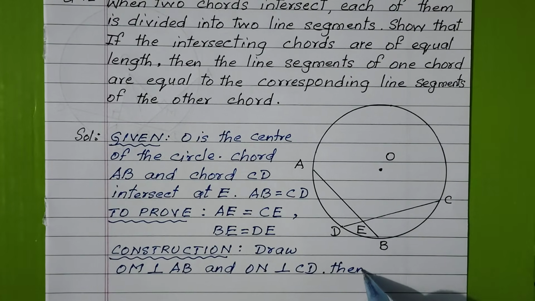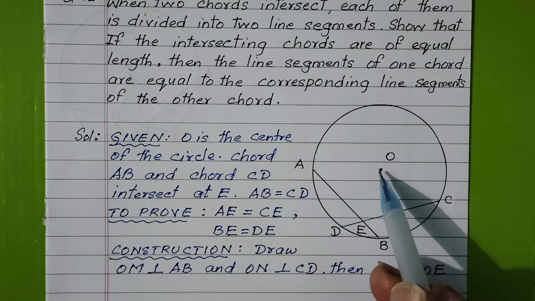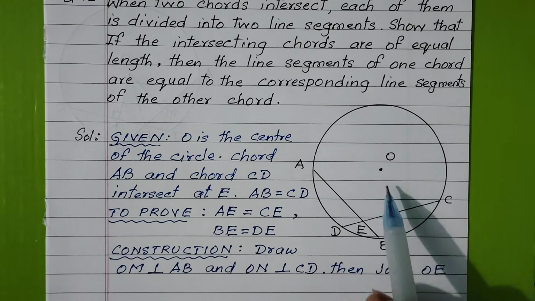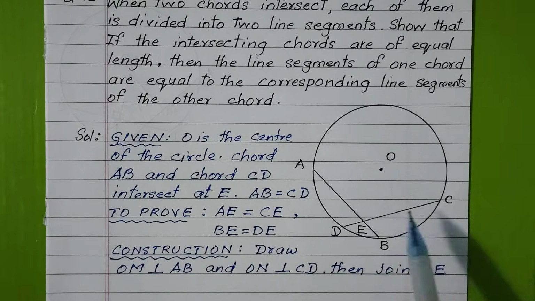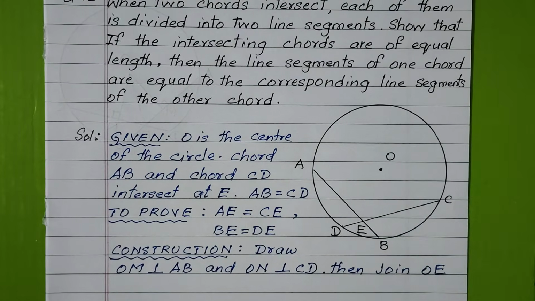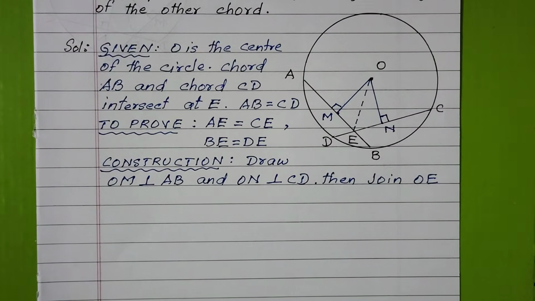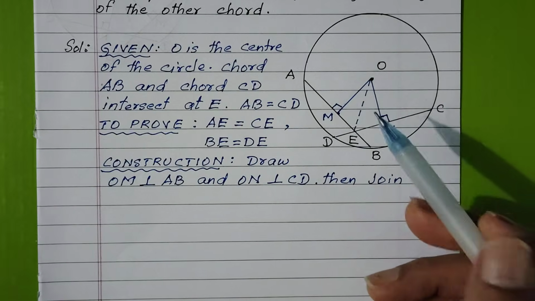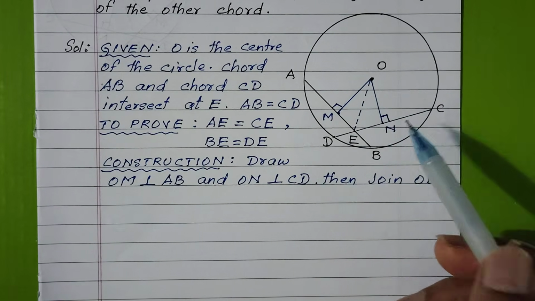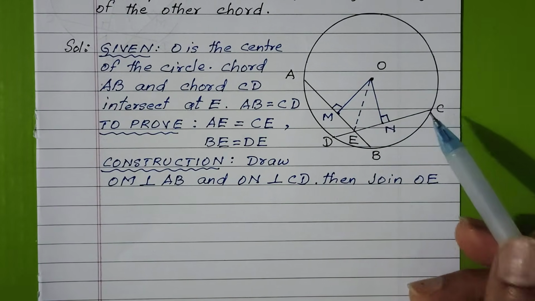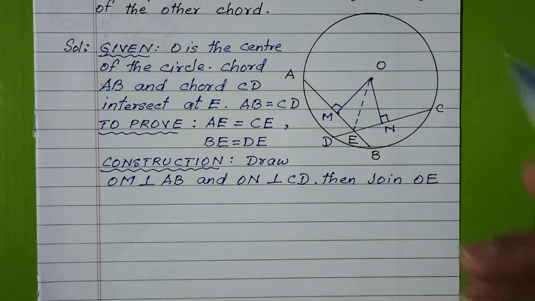Then join OE. So we have drawn the construction. OM we have drawn perpendicular to AB and ON is perpendicular to CD. And we have joined OE.